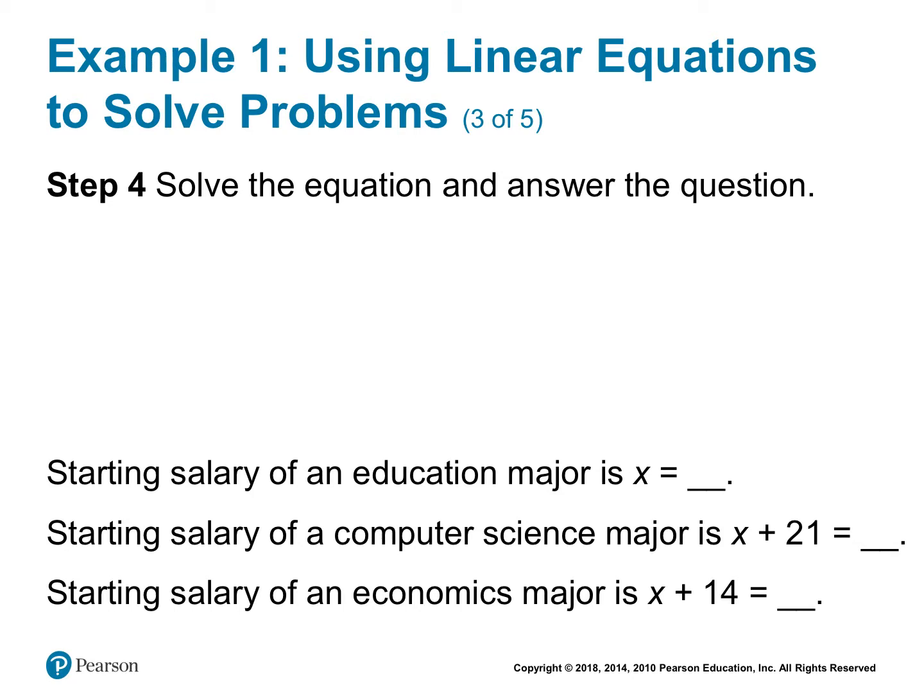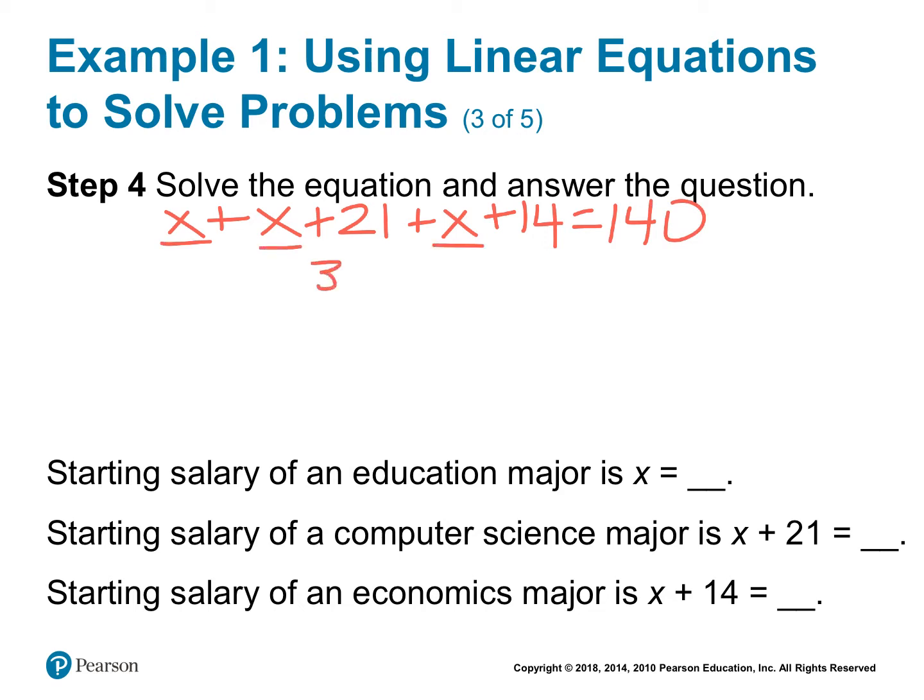So now we're going to solve the equation. We had x plus 21 for computer science, plus x plus 14 for economics major, equals 140. If we look here, we have 3 x's.